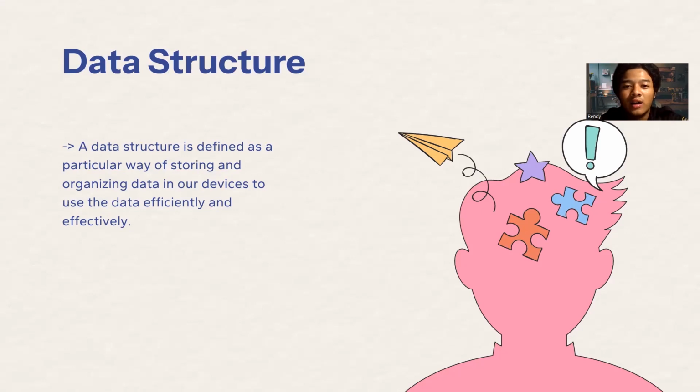So remember, if you build an application, it will not go far from data. You also always need to use data for your program. So this is how a data structure functions.